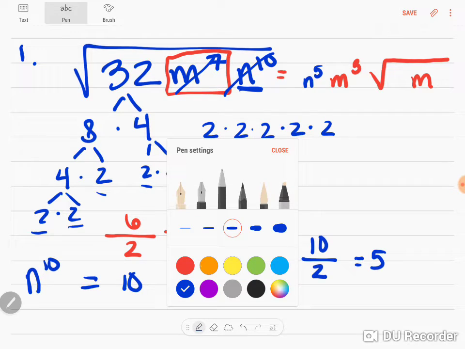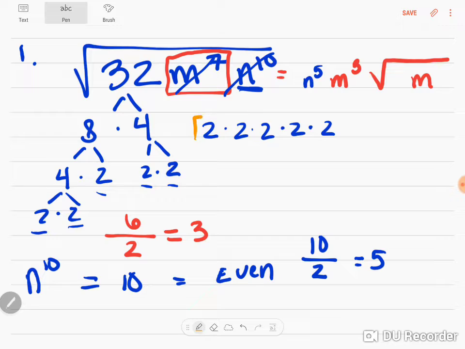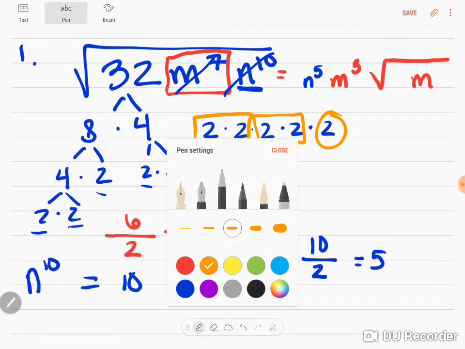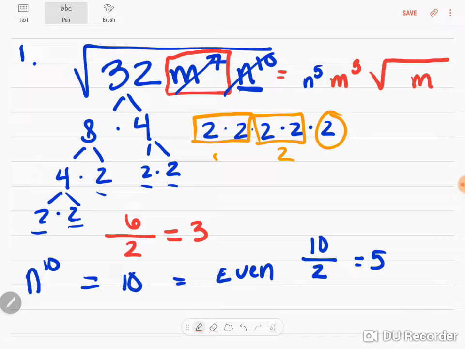All right, how many pairs do I have? Let's find the pairs. This is 1. This is 2. All right, so the remainder I have is 2. And since that is the remainder, this 2 goes inside. And now I take 2 times 2, which is 4. 4 is coming out.